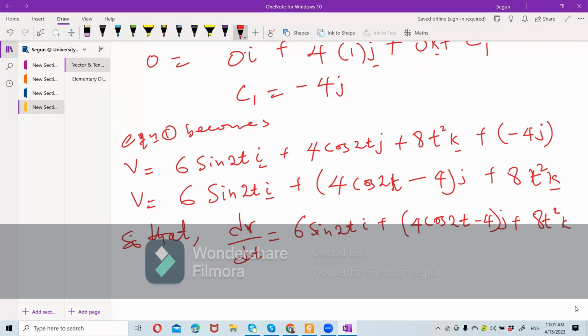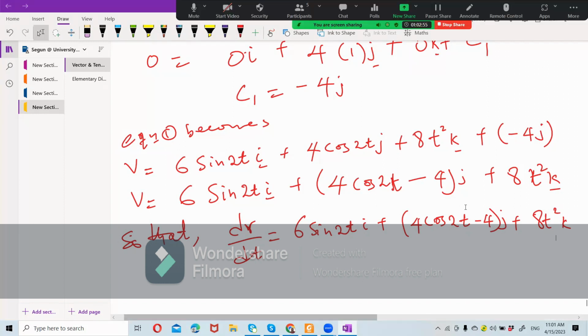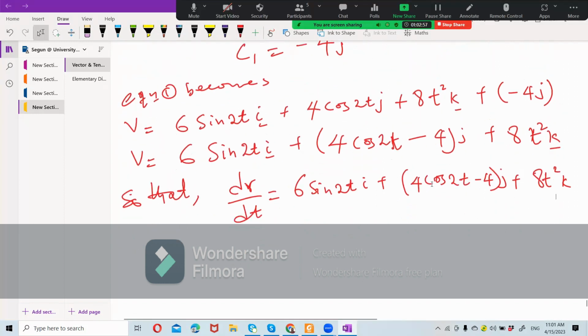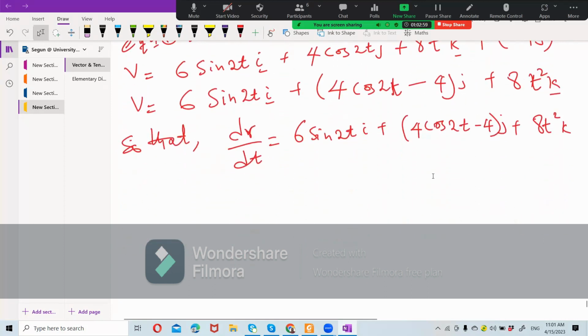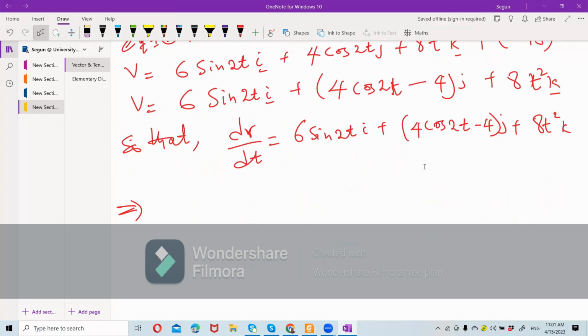Physicist in the house. Yes, sir. Is it correct? Yes, sir. Okay, so please, we're applying it here. So now we have the dr dt. After we've gotten the velocity, we are talking about velocity and the displacement.